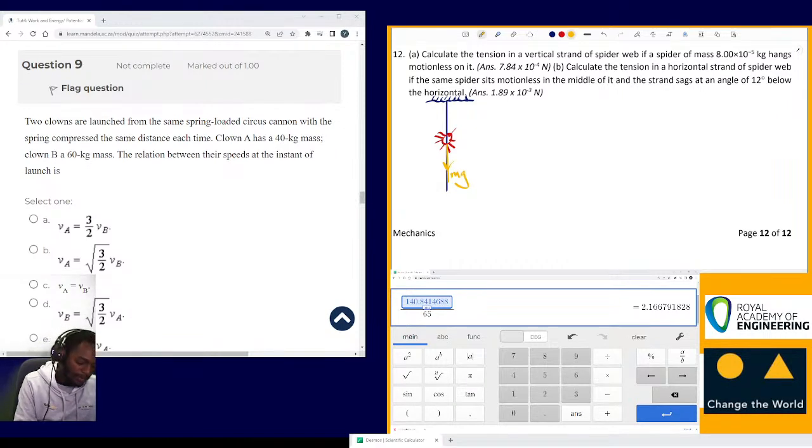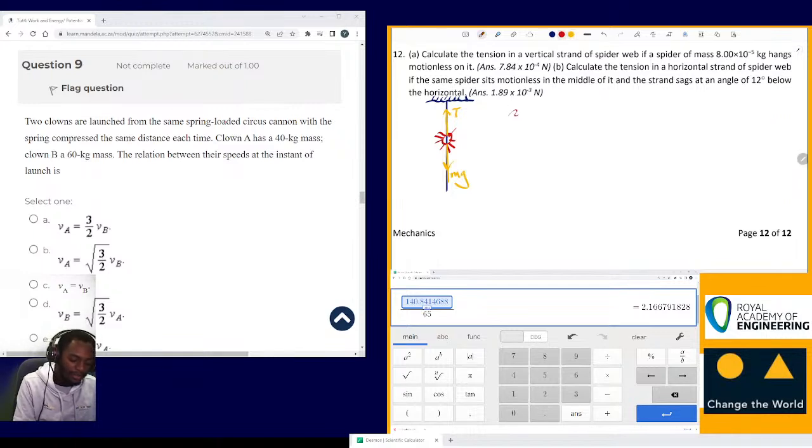So it's going to be upward. So we've got our tension, and this spider is motionless, it's not moving. So there are no other forces that we can include there. So we are interested in the y direction. There's nothing taking place in the x direction.